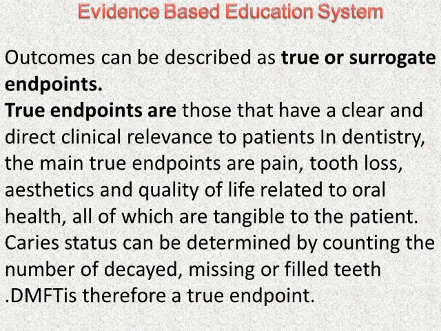The main true endpoints are pain, tooth loss, aesthetics, quality of life. All these are tangible. The patient can understand them. The caries ratio in the DMF index is also a true index, because it is measured and then presented to the patient.